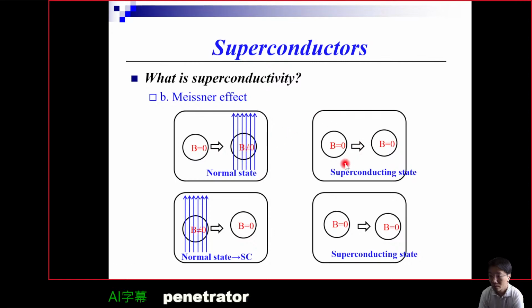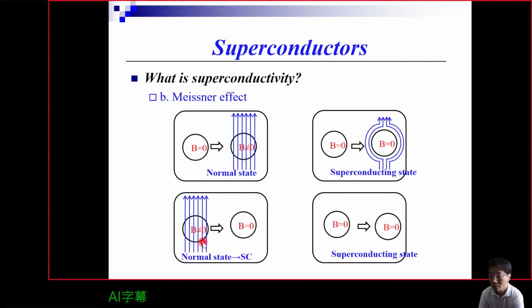But in the superconducting state, if there is zero magnetic field inside the superconductor, the applied external magnetic field will be repelled outside to keep zero magnetic field inside the superconductor.